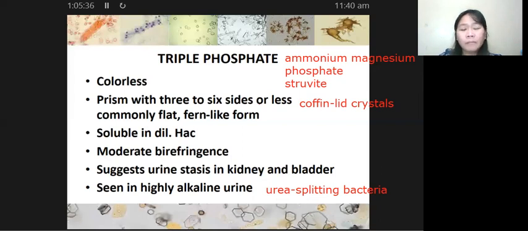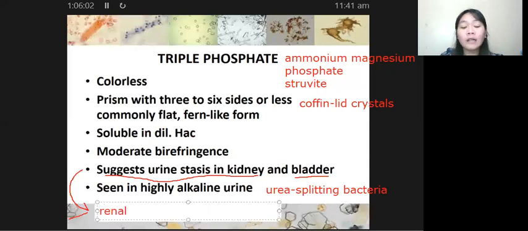Okay, ayan. Actually, when it comes to the clinical significance of your triple phosphate, since its formation indicates urine stasis in the kidney as well as in the bladder, very common din po siya or nagkukos din po siya ng renal calculi formation. It also causes renal calculi formation or yung formation ng ating kidney stones.